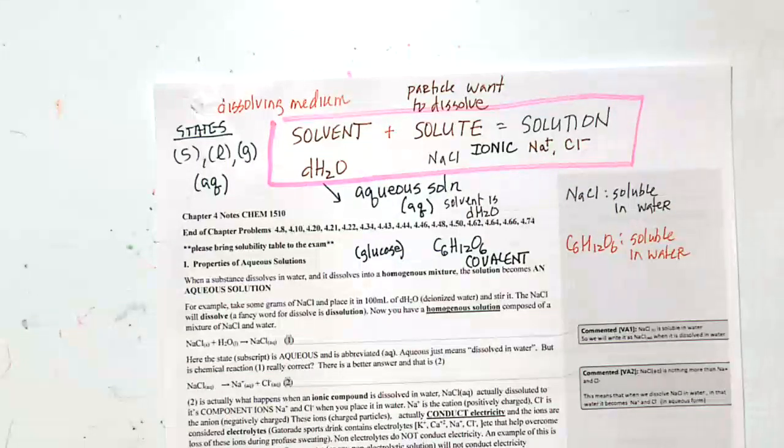So what do we know about ions? They give off electrons or they take electrons. And electrons conduct. So let's see what happens if I put this in this sodium chloride solution, which is solute plus solvent.